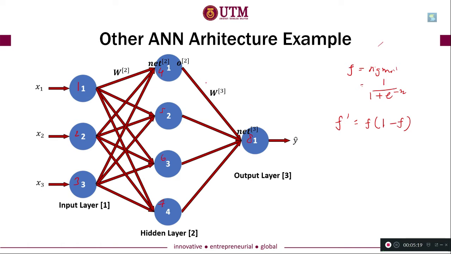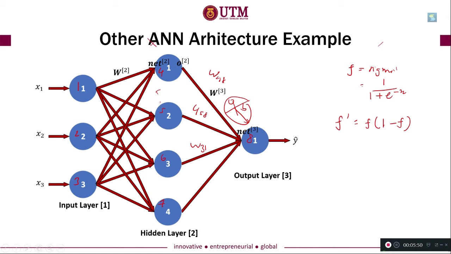Then this one is W48, this one is W58, this one is W31. Just assume the bias is equal to 0, so there's no bias, and you can cancel this one and any other bias.